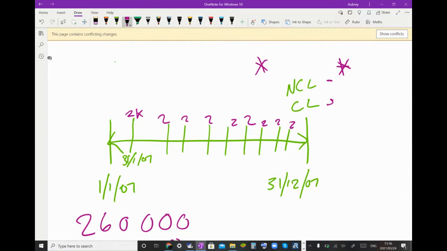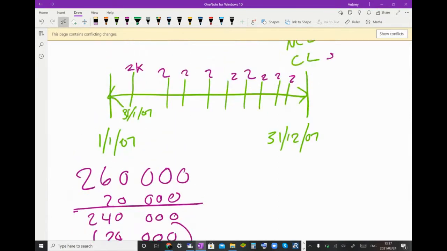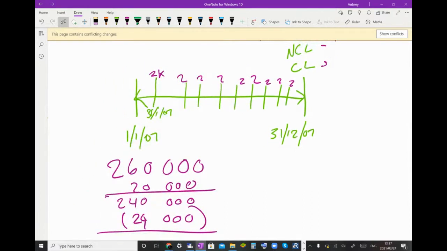Minusing the 24,000 from 240 gives the total liabilities on 31 December. Does it make sense? Because at the beginning, on the 1st of January, we owed 240. Then we're paying 2,000 every single month, so by the time we get to this point, we're not owing 240.